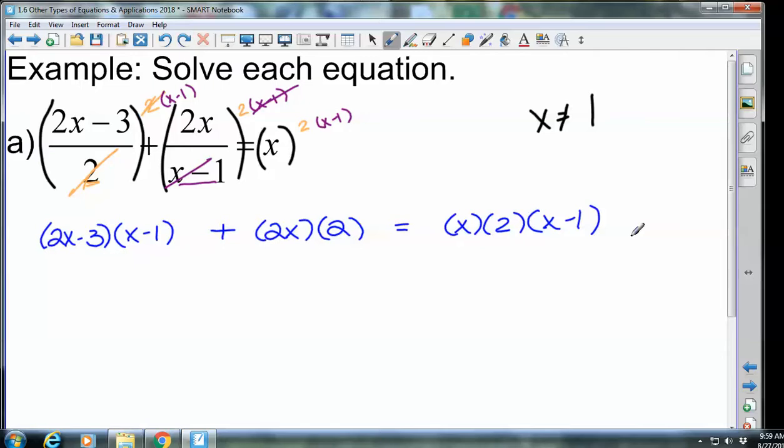Now all we have to do is multiply this all out, and it's like a normal equation. So I'm going to start FOILing. So I'm going to get 2x squared minus 2x minus 3x plus 3. Would be 2x times x.